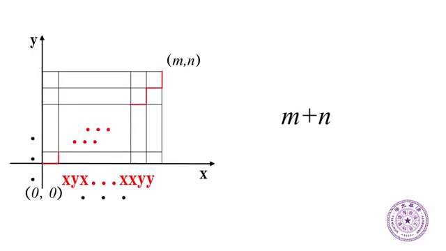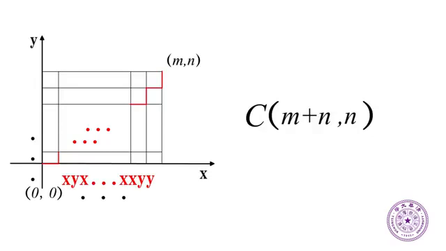So actually we are selecting M X's from M plus N characters. So the total number of routes from (0, 0) to point (M, N) is the combination C(M+N, M). That's the result.